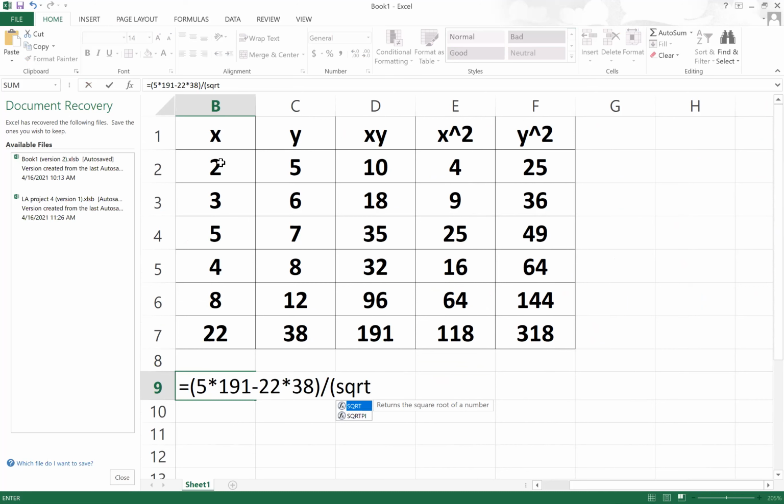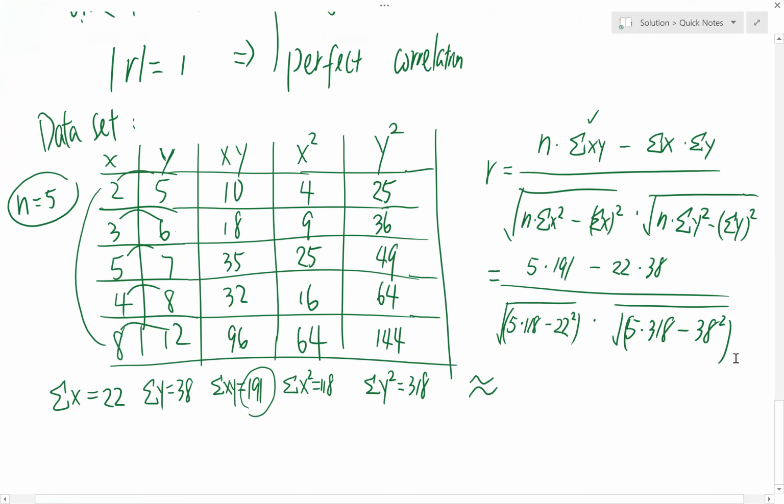Okay, so again, you all start from the formula, right? And then we just try to transfer all of these numbers into the Excel and then get a result. Or you can put it into the calculator, right? Calculator will have a very similar input. But before we can do that, we need to come up with all these different totals, right?